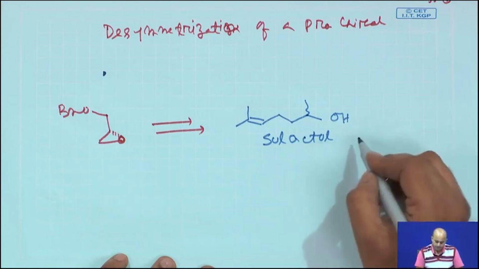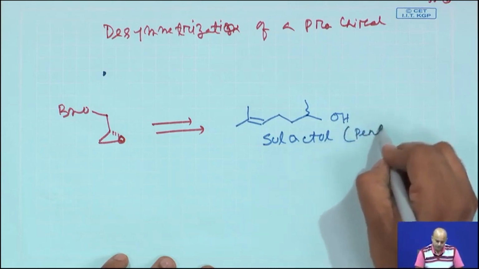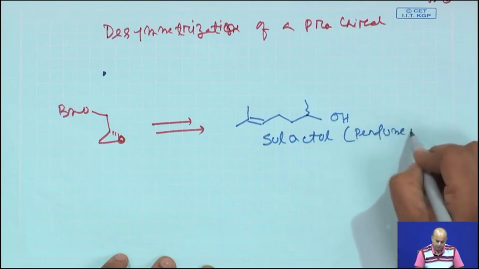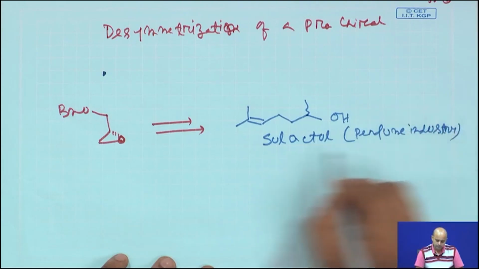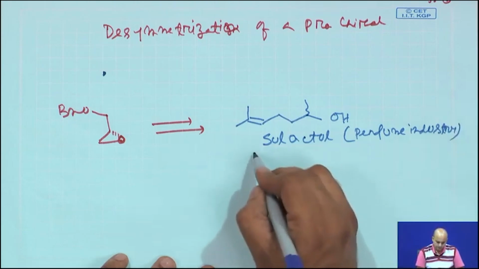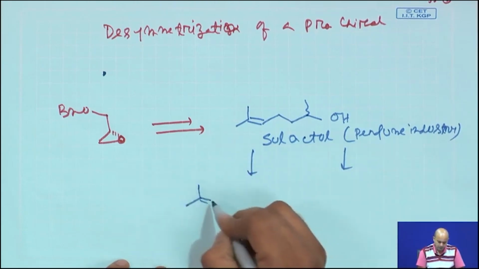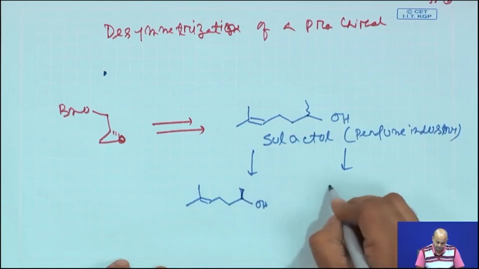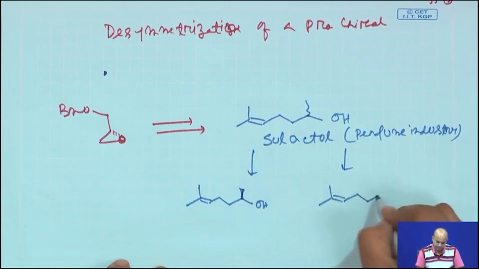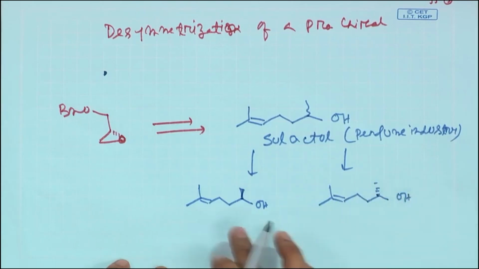Salactol is basically used in the perfume industry, it has a very nice smell. Now, two enantiomers means you need to make both the enantiomers like this as well as this, clear.